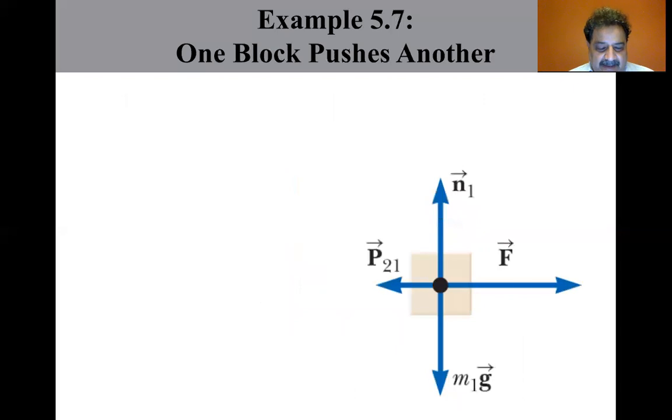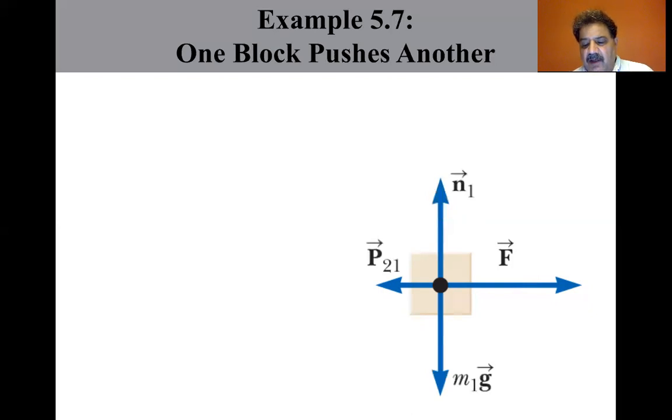Okay. To finalize further, let us check this expression for P12 by considering the force acting on M1 shown in the figure. The horizontal forces acting on M1 are the applied force F to the right and the contact force P21 to the left, the force exerted by M2 on M1. From Newton's third law, P21 is the reaction force to P12, so P21 equals P12.